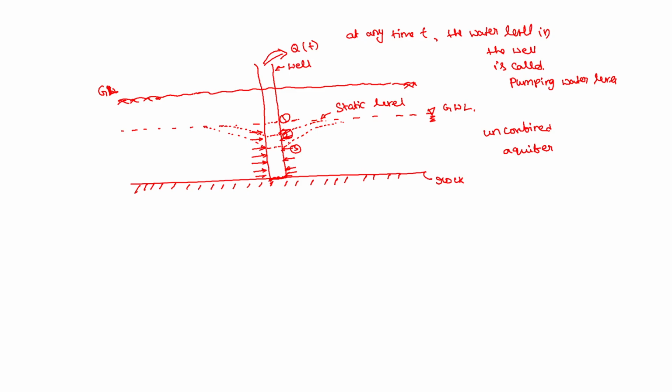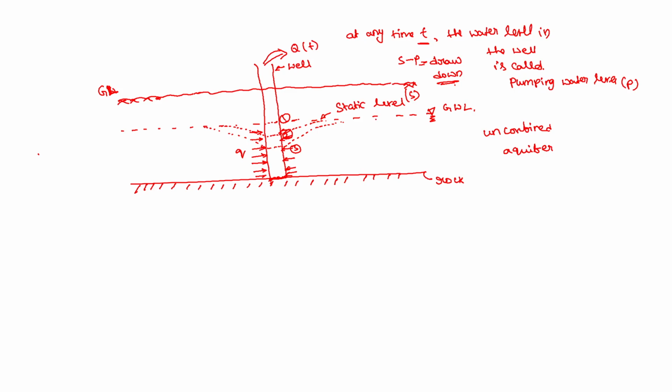Water level in the well will go down, but the aquifer will supply water to the well at some rate, maybe some rate of q. Okay, so at any time t, the difference between the static level, let's say this is mentioned as s, and this as p, so s minus p indicates drawdown in the well.